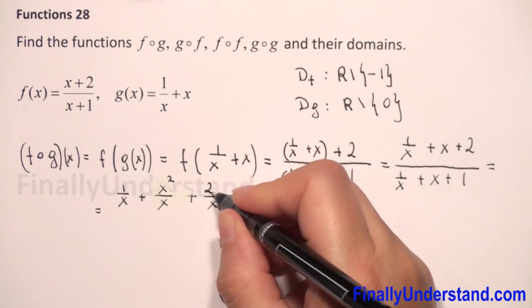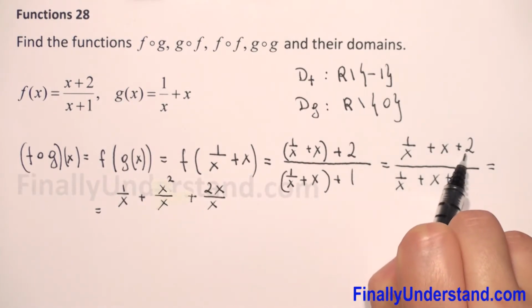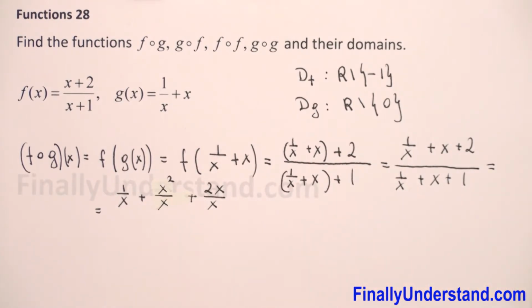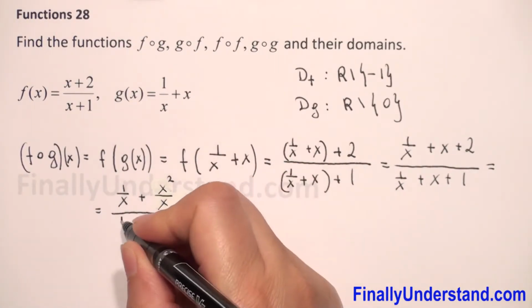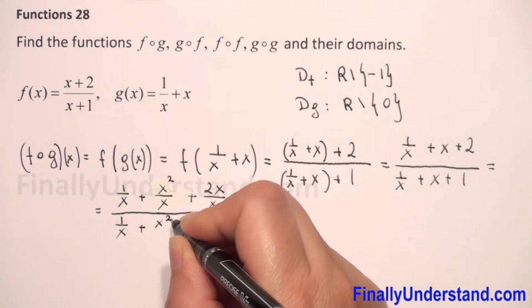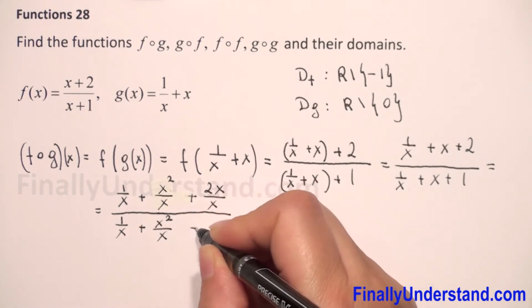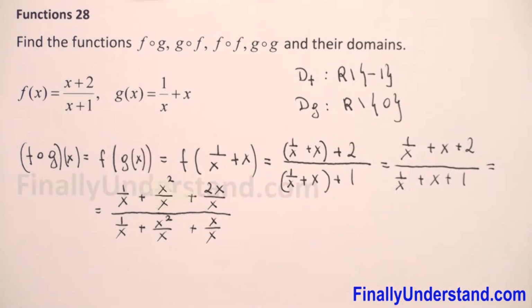In the numerator we will have 2x. When we reduce x, we have only 2, the same as at the beginning. The same we have to do in the denominator. So we have 1 over x, we just copy, plus x squared over x plus x over x.